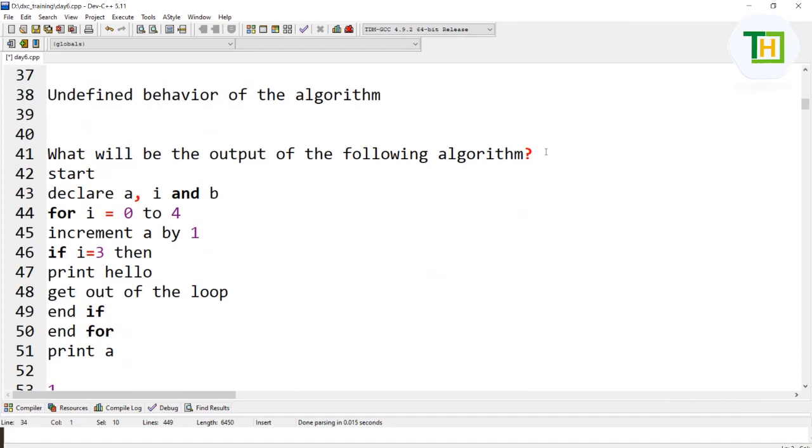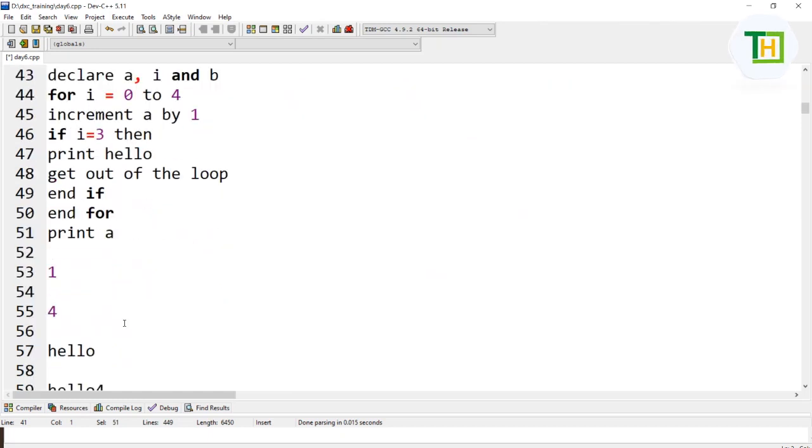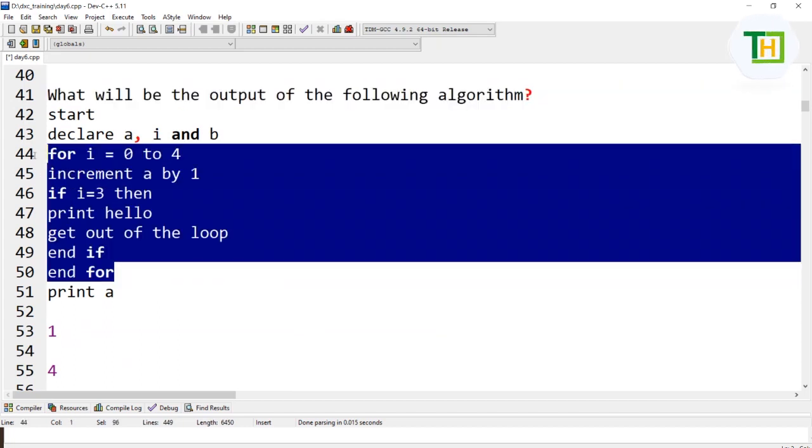What will be the output of the following algorithm? And this is going to be the logic here. Declare A, I, and B. Up to this, we have to iterate the loop for I is equal to 0 to 4.